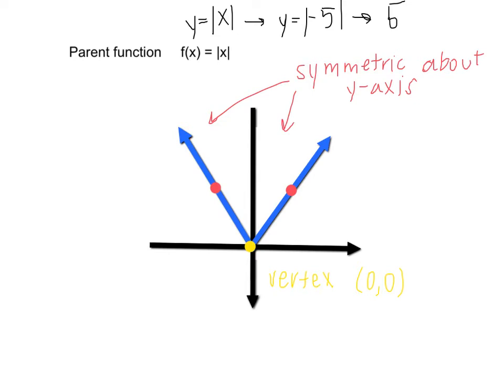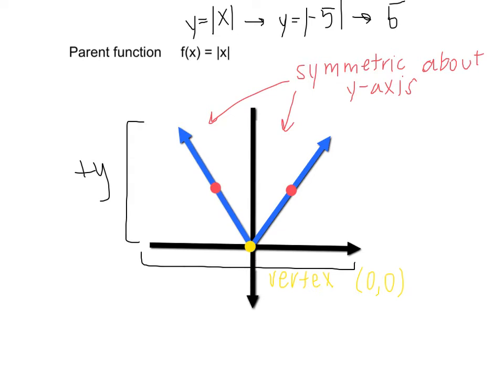So that's why we have a V-shaped graph, and notice that the whole graph is in the positive y range, and so no matter what our x domain is, it can be positive or negative, but y will always be positive.